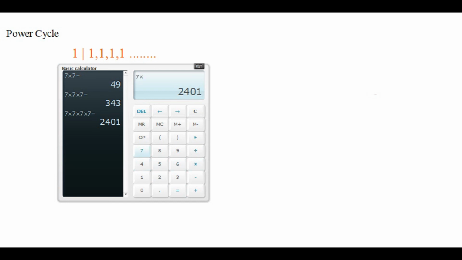Five times I'm multiplying. Now you can see that it is repeating again. It is repeating, you can see that. After it is again repeating, 7 power 1 would obviously be 7.